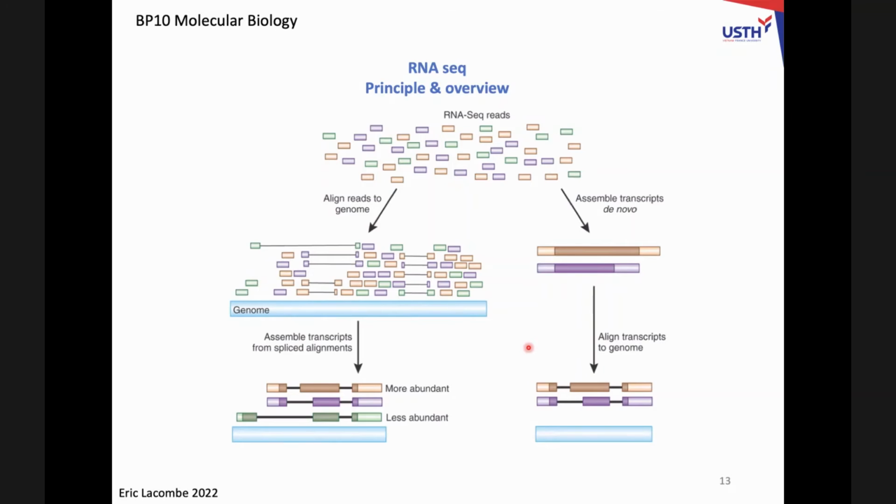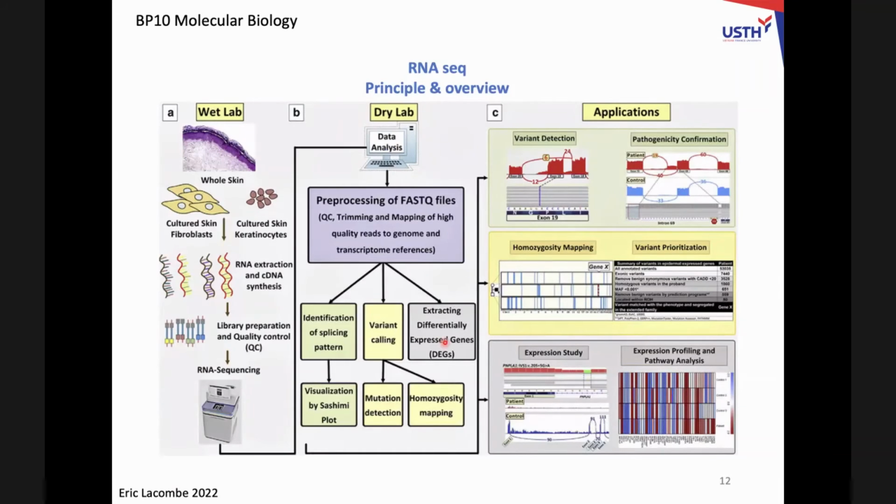So it's a way that generates a huge amount of data, and it is the use of the number of identical reads that is going to be correlated with the relative expression of every gene compared to the others. Do you understand the concept? You link the number of reads to the level of expression of the gene. So I leave you to imagine the amount of data.